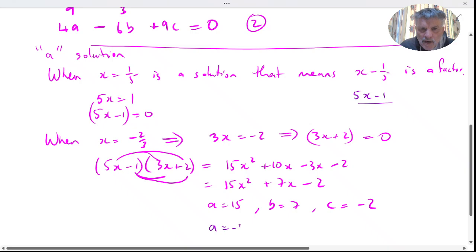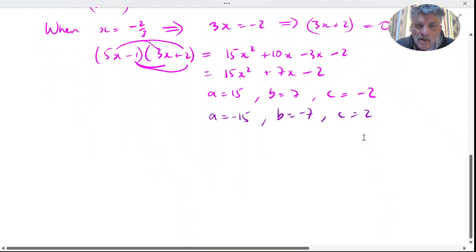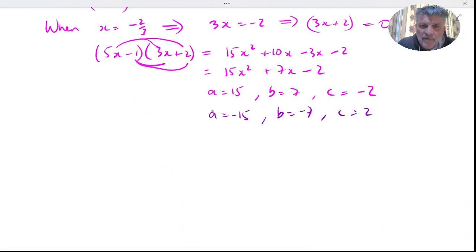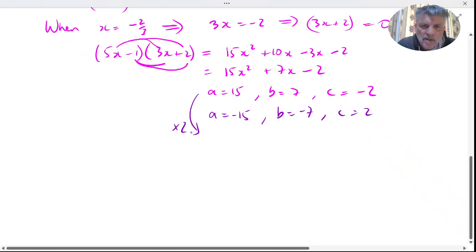So a equals minus 15, b equals minus 7, and c equals 2 would also be a solution. But as I said, you can get an infinite number. If you multiply this by 2, a equals 30, b equals 14, c equals minus 4 would be a solution as well. And you can multiply by any integer basically, and you'll get an integer solution.